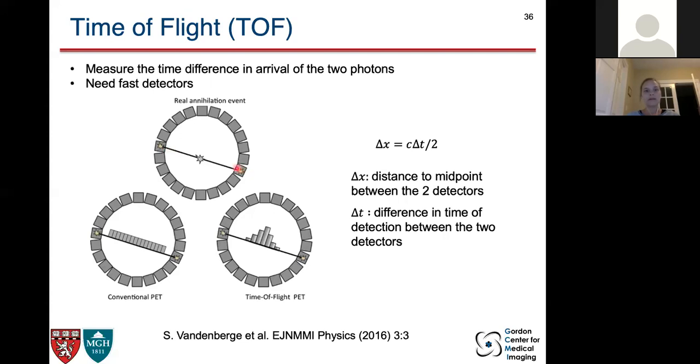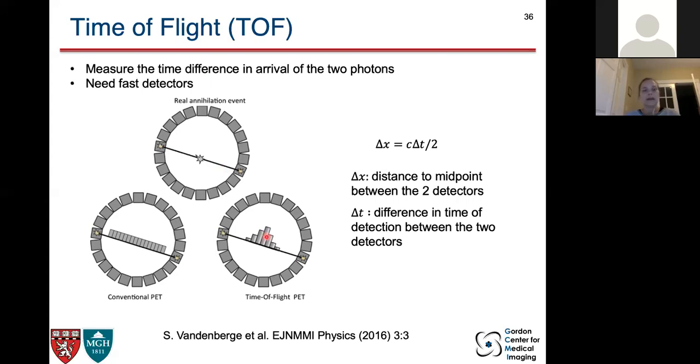So if we can measure the time difference between these two events, we can estimate where along this line of response the event took place. So instead of with conventional PET, where we just know that it happened somewhere along this line, with time of flight PET, we can say that it happened within this region.